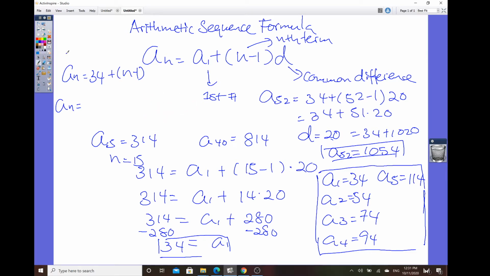Okay, so for the explicit formula, 34, which is a sub 1, plus n minus 1 times the common difference, so times 20. So 34 plus 20n minus 20. So 34 minus 20, that'll be 14.